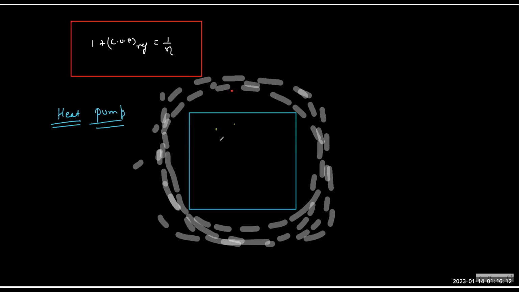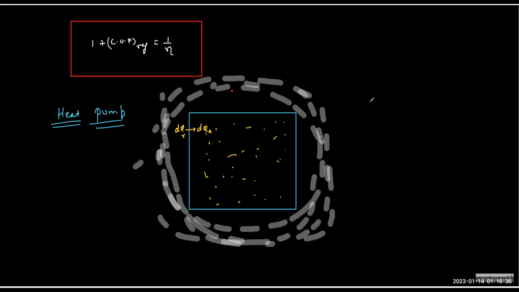To keep the room warm, what will you do? You will take the energy from outside and throw it into the room itself. Yes, you can understand it this way.